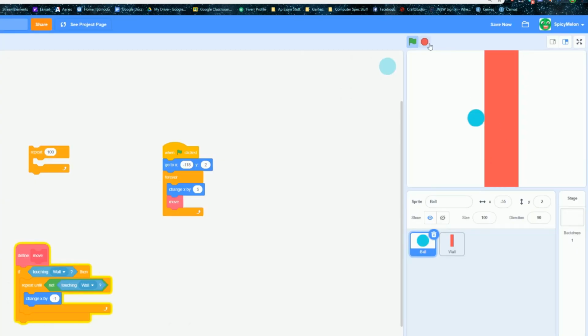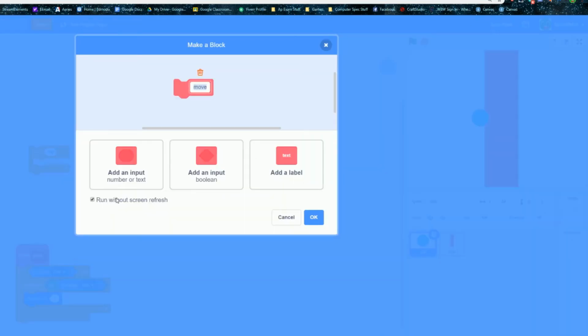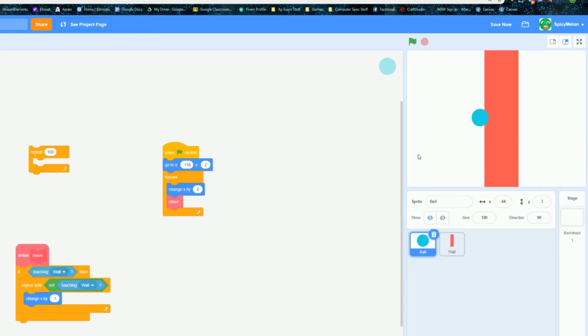Now this happens. What's happening here is it will go in by 5 pixels, and then, before the next frame, without the screen refresh, it will move left until it's not touching the wall. So you don't get this bounciness.